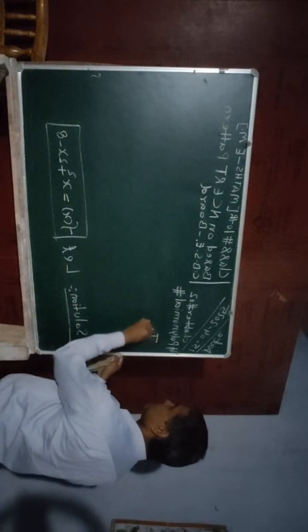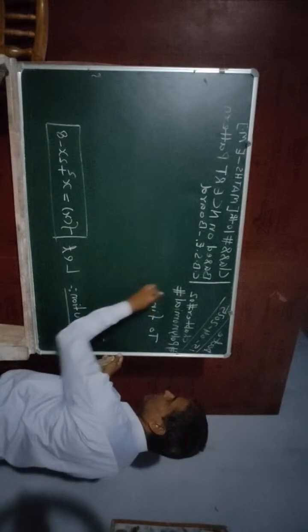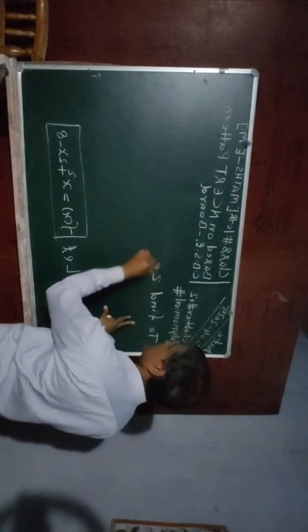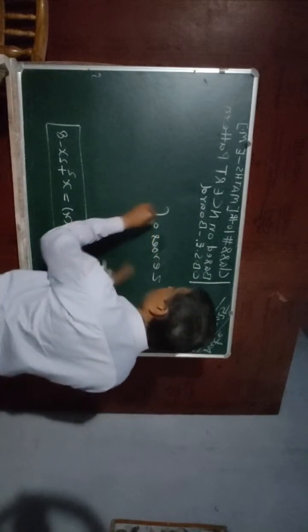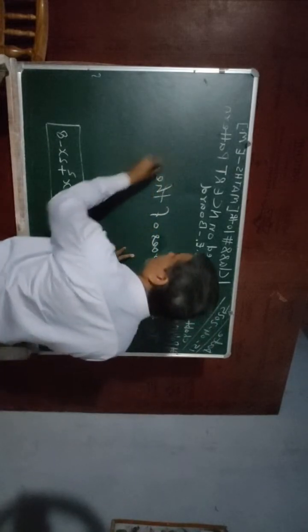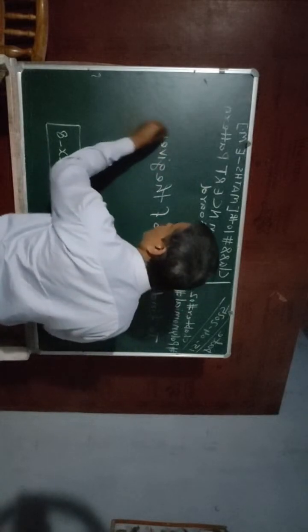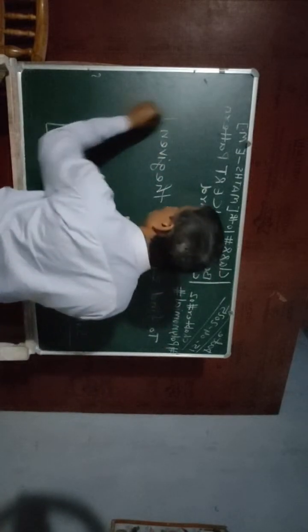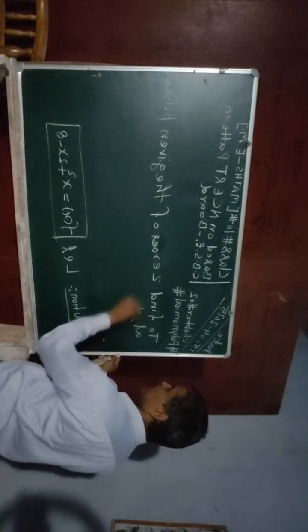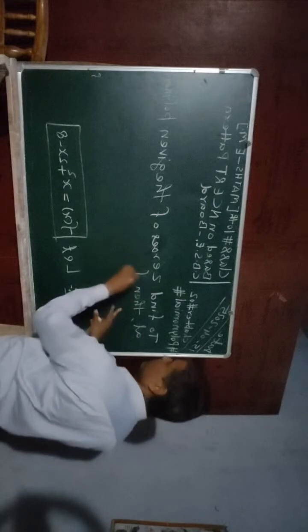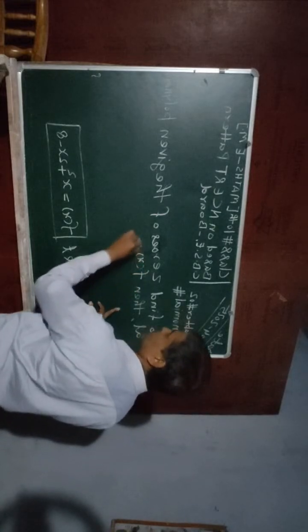So here, to find zeros of the given polynomial, put f of x is equal to 0.